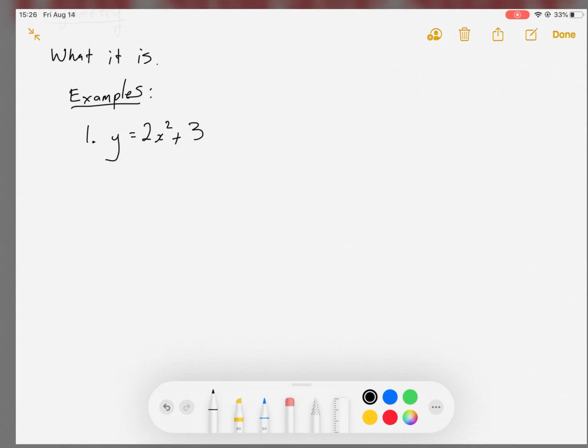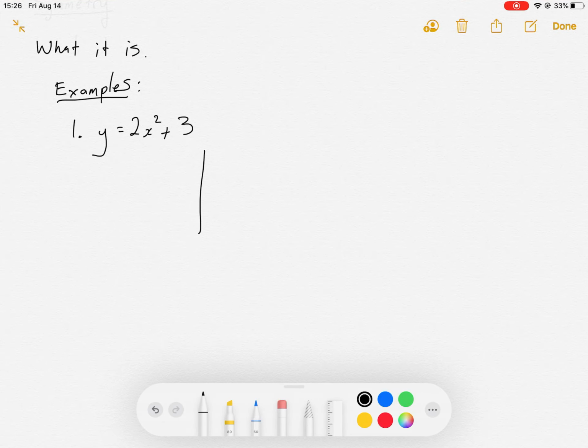So let's go ahead and go back into our notes now. I need my x, I need my y. So what I'm talking about here is if I kind of just rotated this around the y-axis, or you can think about it as folding over the y-axis, or if there was a mirror on the y-axis, the graph would stay the same.